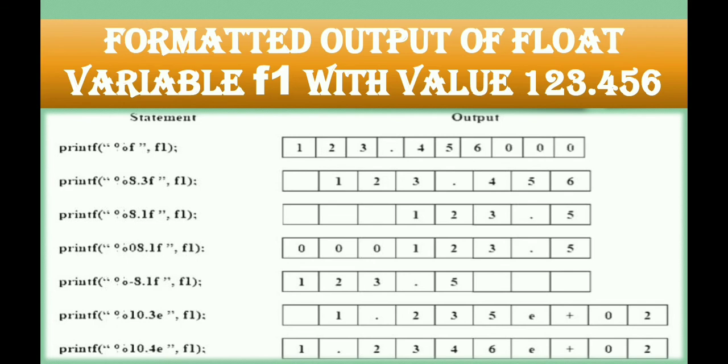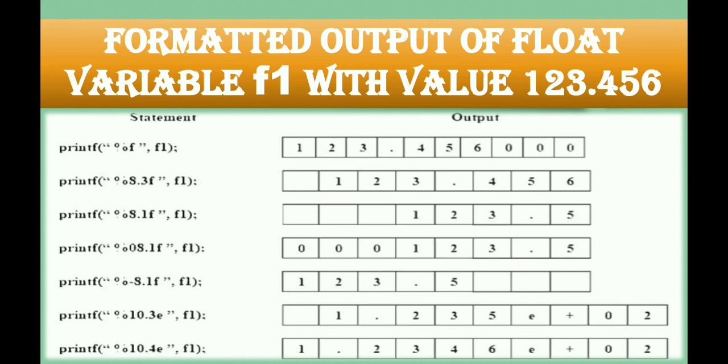Now the same thing is there, but 8.1 is there, meaning the length is 8 only, but 8.1 is written, meaning only 1 character will be visible after the decimal point. You can see that only 123.5 is visible there. Then next, why is 5 coming?